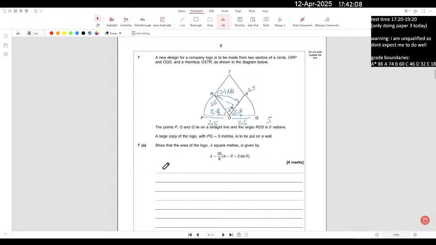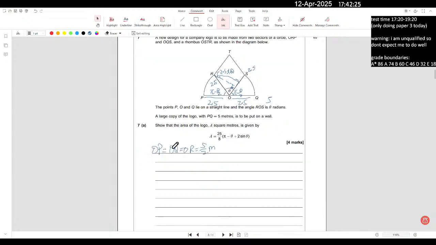So I can just write OP equals OQ equals OR equals 5 over 2 meters.